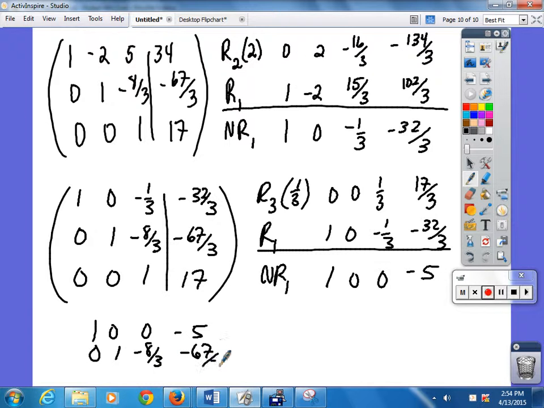Then 0, 1, -8 thirds, -67 thirds, and 0, 0, 1, 17.